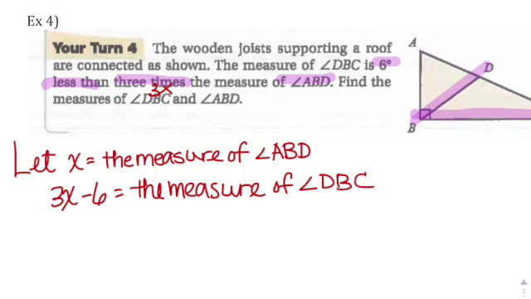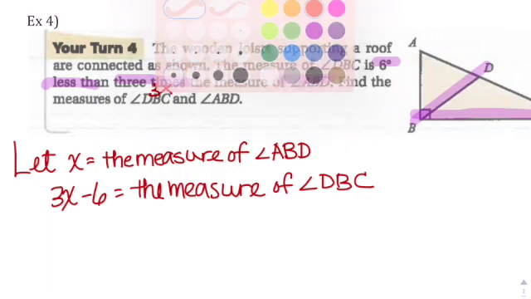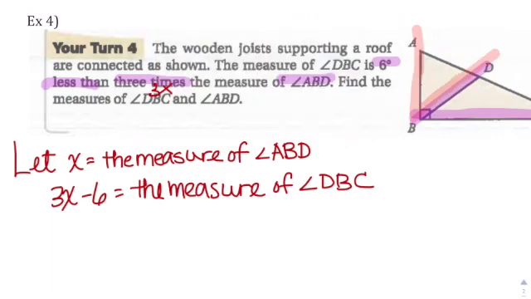Okay? Now, if you look at the picture, we are talking about the two angles, this one and this one. So what they have together is going to be 90 degrees. So you should remember that it's going to be complementary angles. So as a setup, you should do x plus 3x minus 6 equals 90 degrees.